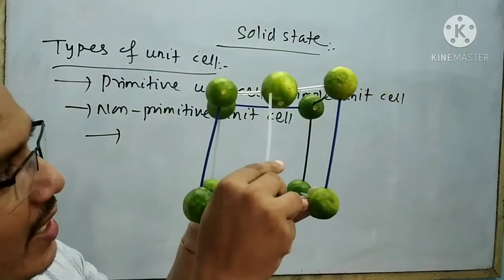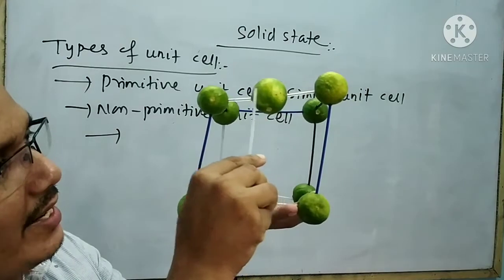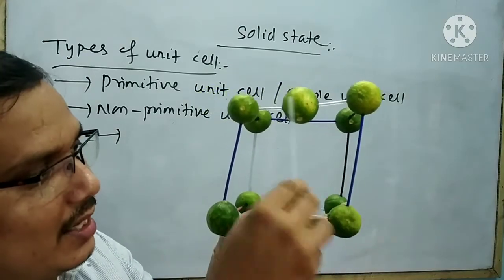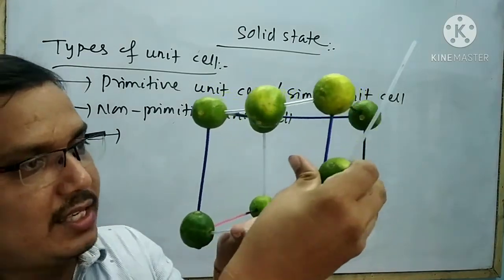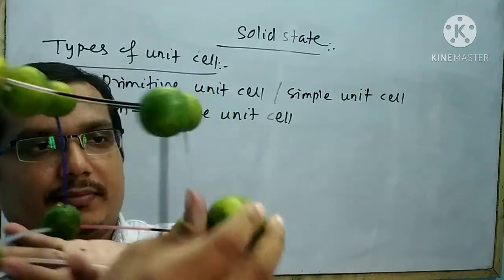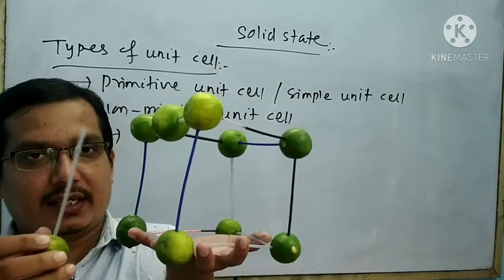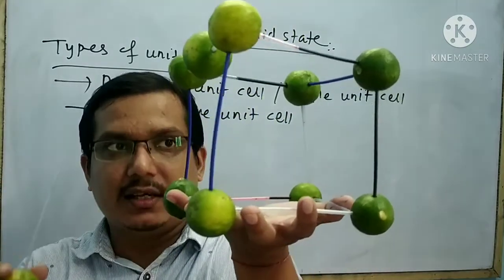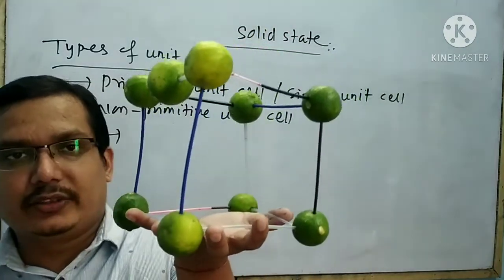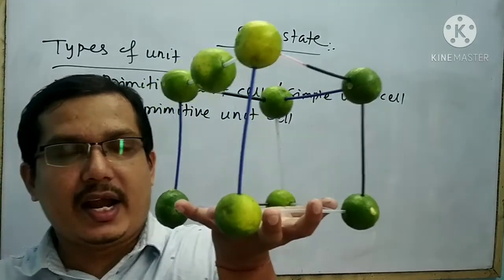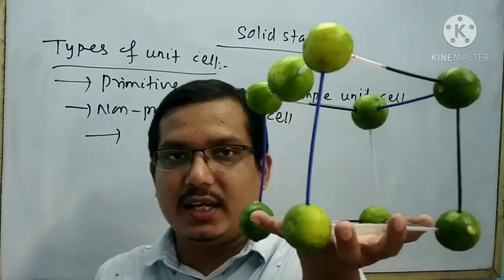One constituent particle is present at the center of the edge. Like that, other constituent particles are present like this. 12 constituent particles are present at the centers of the 12 edges of the unit cell. This is said to be an edge-centered unit cell.